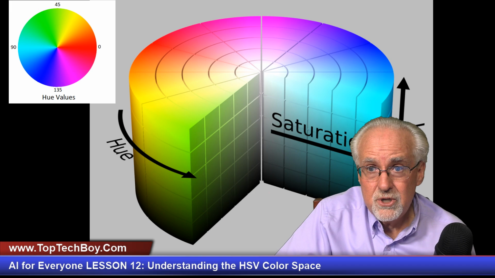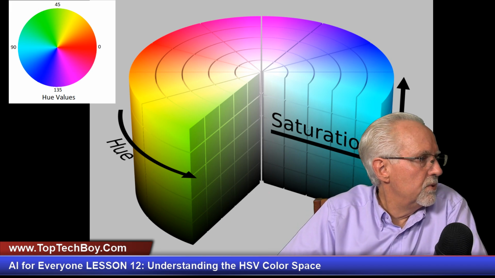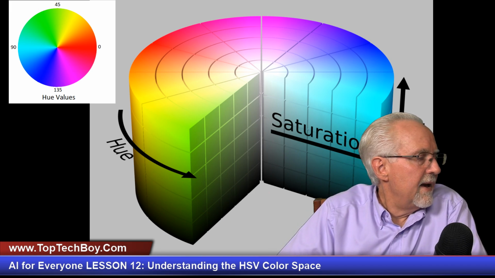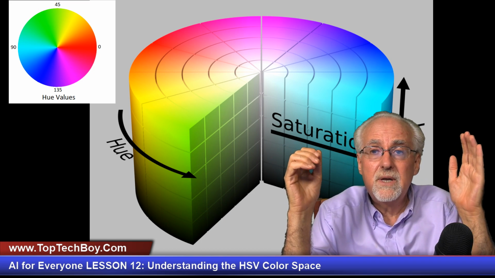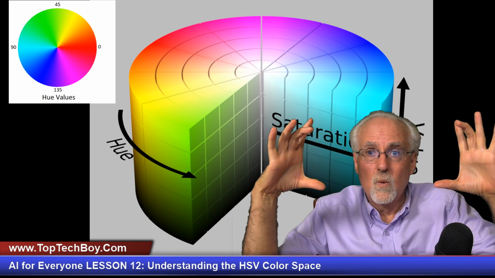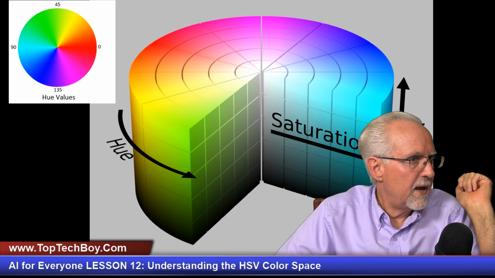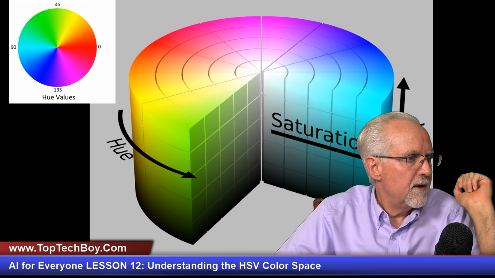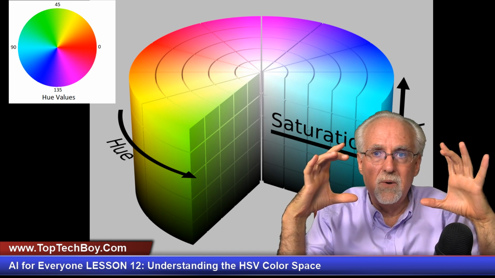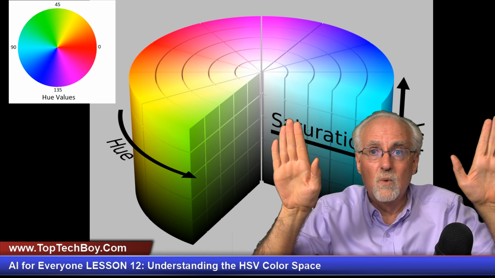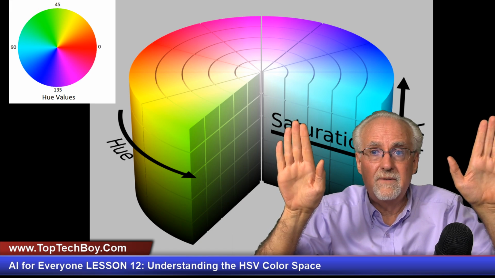I want you to write a program that generates a rainbow. I want you to generate an image, a window that has the HSV rainbow.